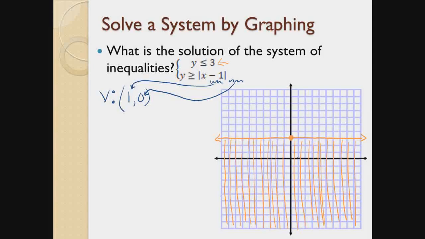So we're going to move over to the right 1 and plot that point 1, 0. Our slope is 1 over 1, which is what's in front of the absolute value. So we're going to go up 1 and over 1. And then we reflect on the other side to create that V shape. Because it's equal to, the V will also be a solid line.